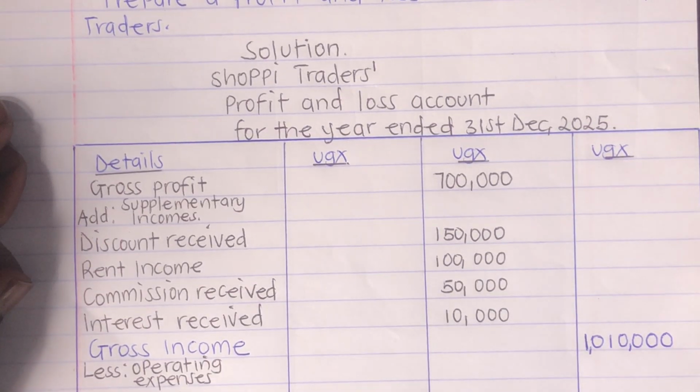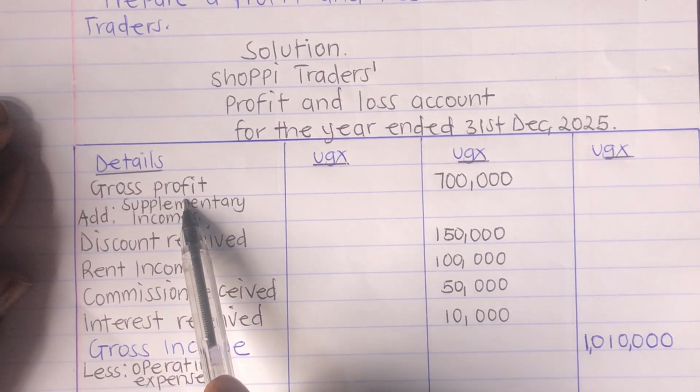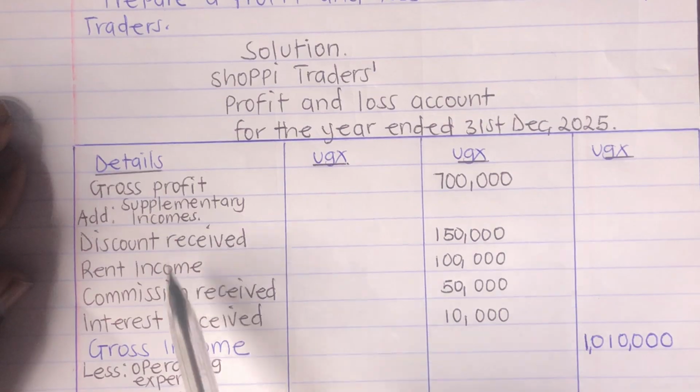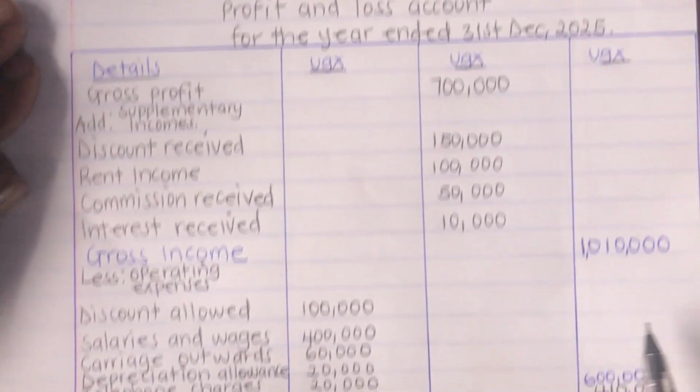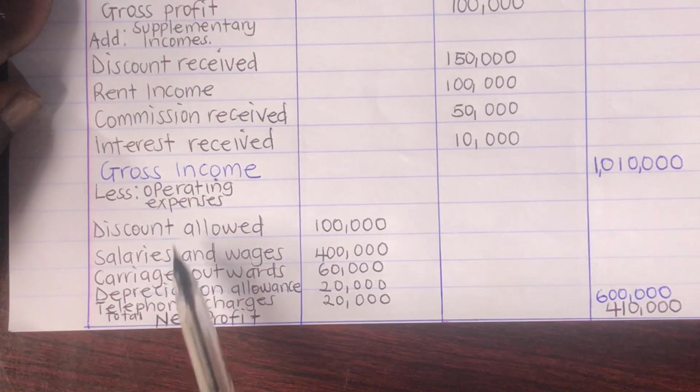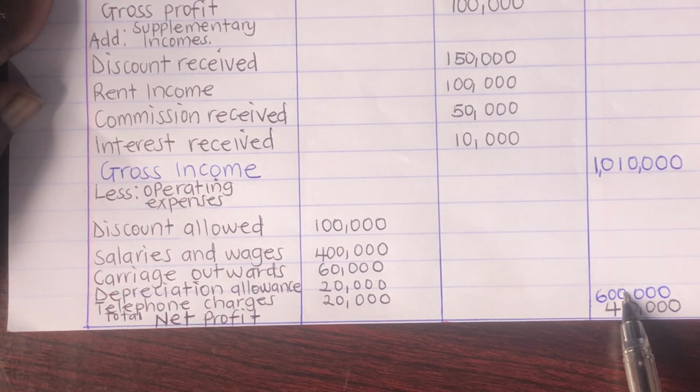So net profit equals gross profit plus supplementary incomes, then less operating expenses. So we take our gross income less the total operating expenses, and we get the net profit or net loss.